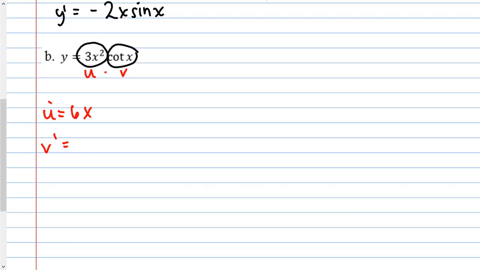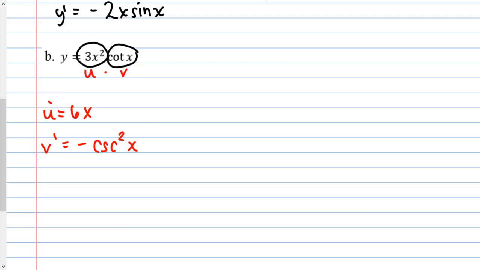Cotangent, if you remembered, goes with cosecant, the way that tangent goes with secant. So it's negative cosecant squared x. It really does help. Cosine, secant, and tangent, all positive. Sine, cosecant, cotangent, you'll associate them with negative. So here are my pieces.